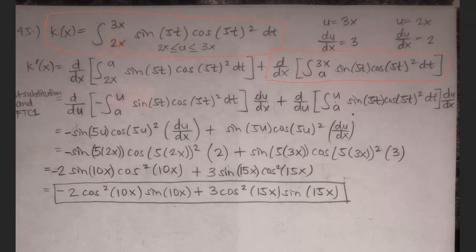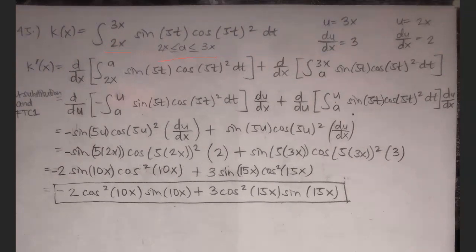So that's why Angel split this integral into two parts. She's saying, okay, my lower limit is 2x, with a variable. My upper limit is 3x. My upper limit looks good, but my lower limit is not a constant. It's not a number. So what do we do? We just choose a number a.